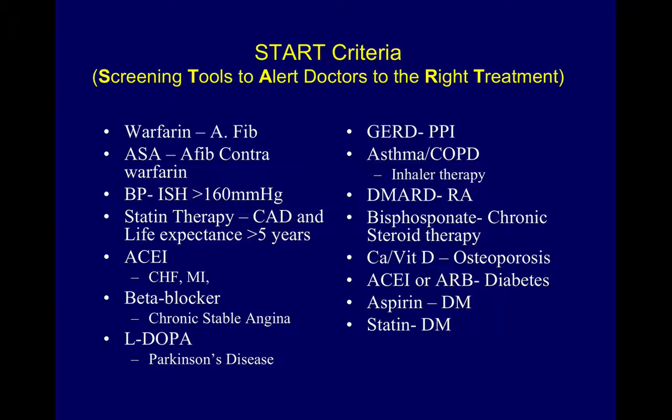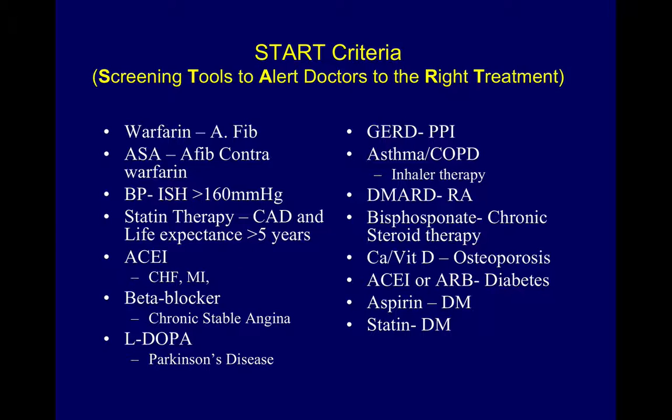Looking at the treatment of isolated systolic hypertension greater than 160, drugs that have been shown to treat that better are thiazide diuretics and calcium channel blockers. Making sure of statin therapy for coronary artery disease and also for patients who are probably going to live beyond 5 years, ACE inhibitors for CHF and MI, beta blockers for chronic angina, obviously Sinemet for Parkinson's disease.